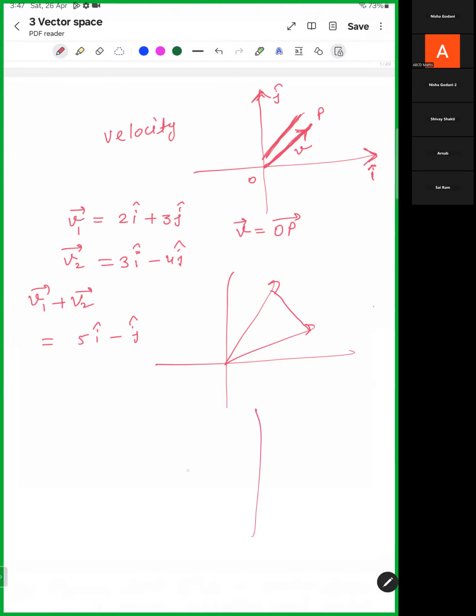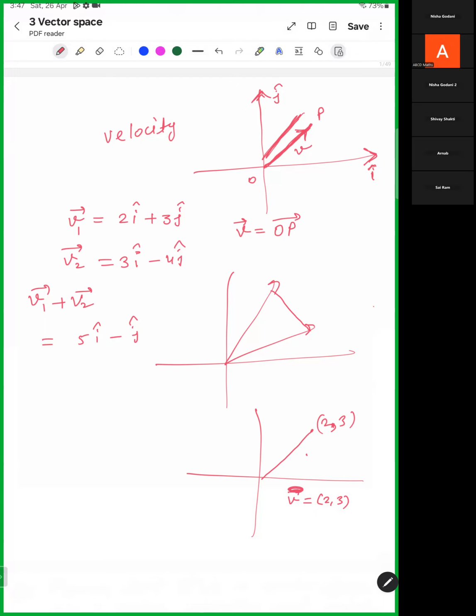Suppose you have a point here, 2 comma 3. So the vector associated with this is this. In physics, we write it in terms of 2i plus 3j, or in mathematics we write vector v equal to 2 comma 3. There is also no need to write this arrow.